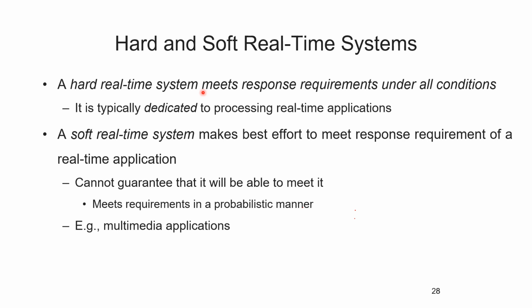For example, in reservations and ATM transactions, if the limit is exceeded, no huge damage will occur. Such outputs can be acceptable, and such systems are called soft real-time systems. They cannot guarantee that they will meet the deadline; they meet the requirements in a probabilistic manner, and an example is multimedia applications.